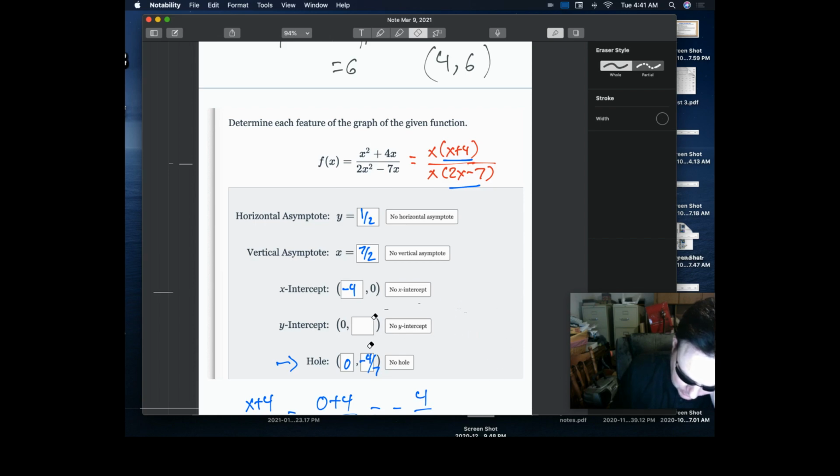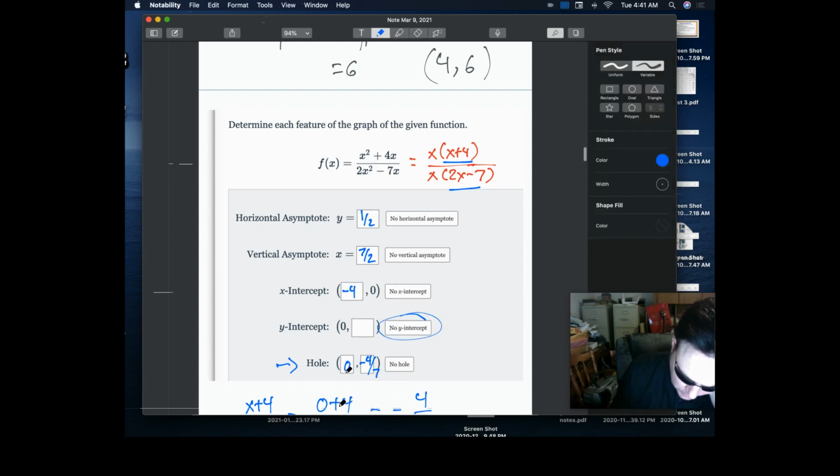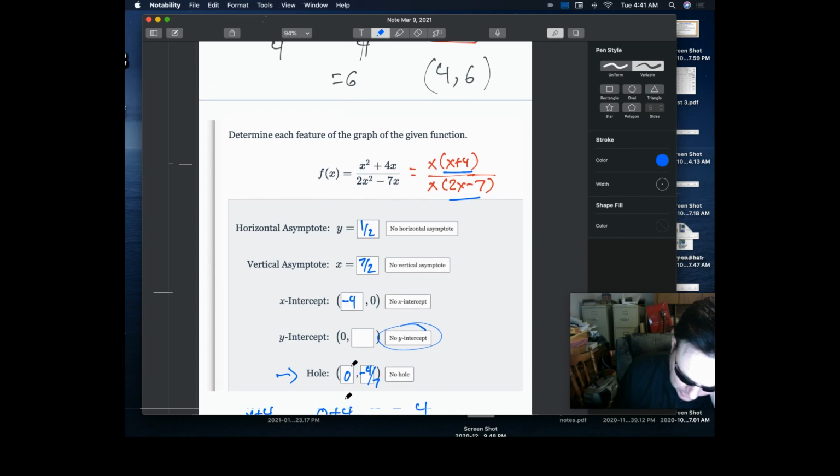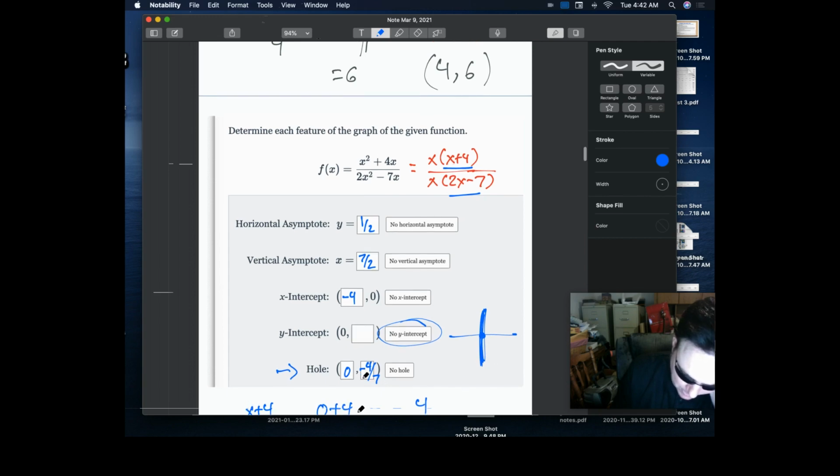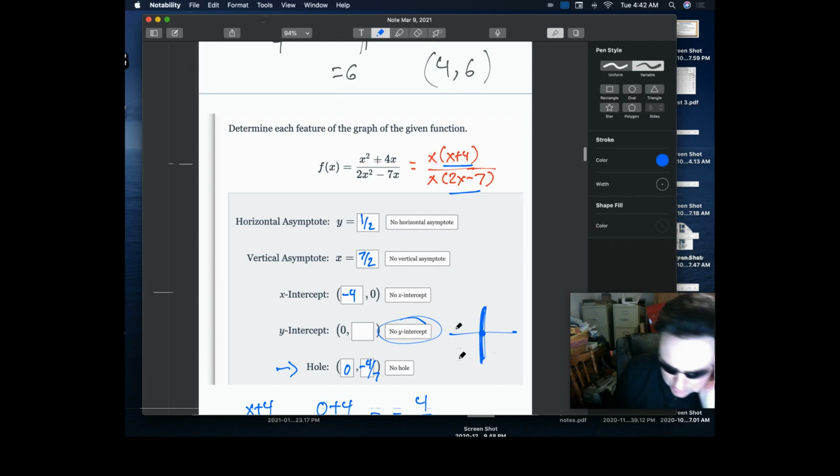Because there is no y-intercept. We said that you have a hole when x is 0. It's here on the y-axis, and since I said you had a hole there, it's not going to exist there.